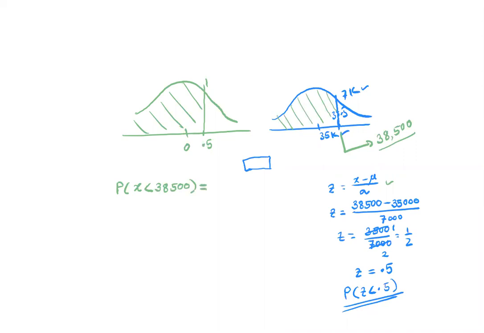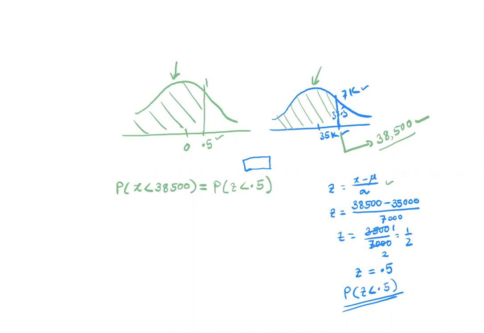So this area and this area are proportionately the same, okay? Probability that somebody makes less than 38,500 is the same as z falling less than 0.5. All right. Now you can find these values.